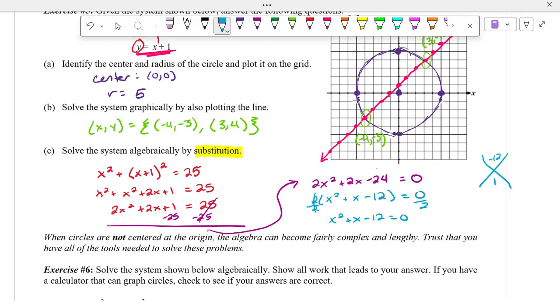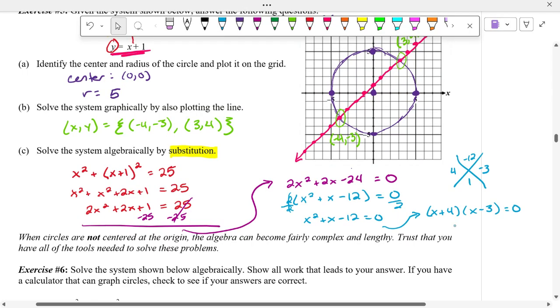Two values of negative 12 that add to 1. 4 and negative 3. So this would be x plus 4 times x minus 3 is equal to 0. Thus, our x values are negative 4 and 3.